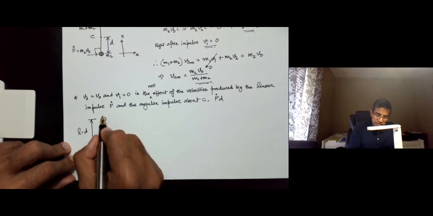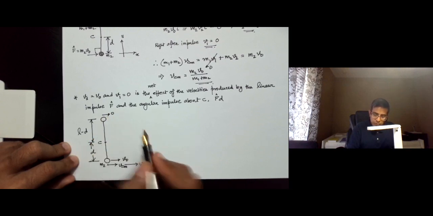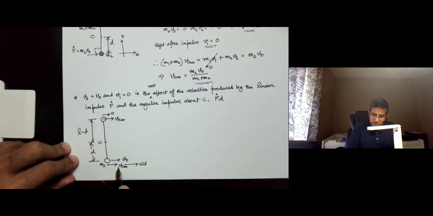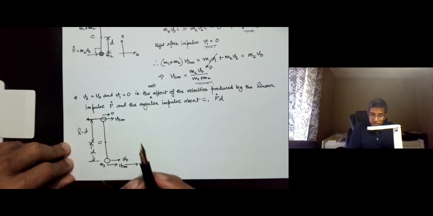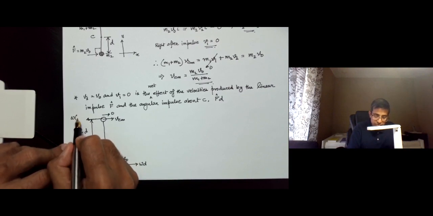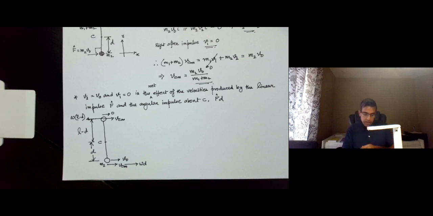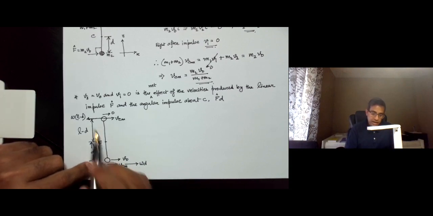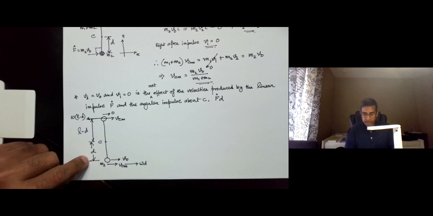And here the velocity is 0, which is a combination of the center of mass velocity vcm, which is the same as this one, but then another velocity which comes from the angular velocity, omega (l minus d). So in fact v0 is vcm plus omega d, and this zero velocity is vcm minus omega (l minus d).